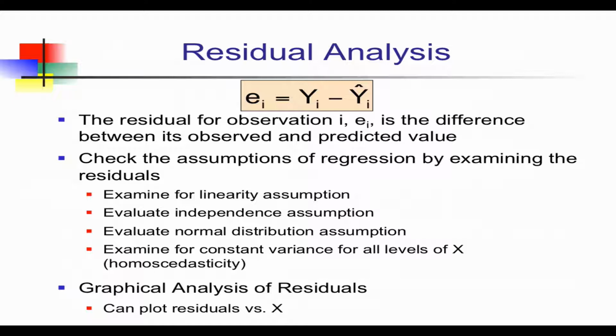And this is called residual analysis. Residual analysis essentially means that you assess those four assumptions on the level of the residuals. And residual, remember, our definition is epsilon_i equals y_i minus y_i hat.